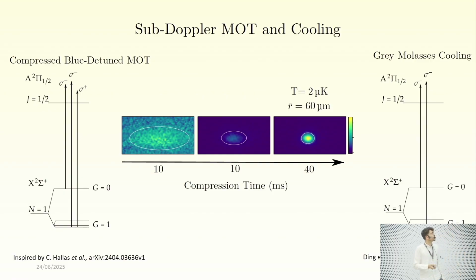We can compress the molecules really fast, within 40 milliseconds, down to a size of around 60 microns, and the temperature in this compressed MOT is on the order of 20 microkelvin. That's why we can reach such a small cloud size. Afterwards we can freeze it out again with just the GMC, the gray molasses cooling pulse, and we can load this cloud into an optical dipole trap efficiently and study two-body collisions.